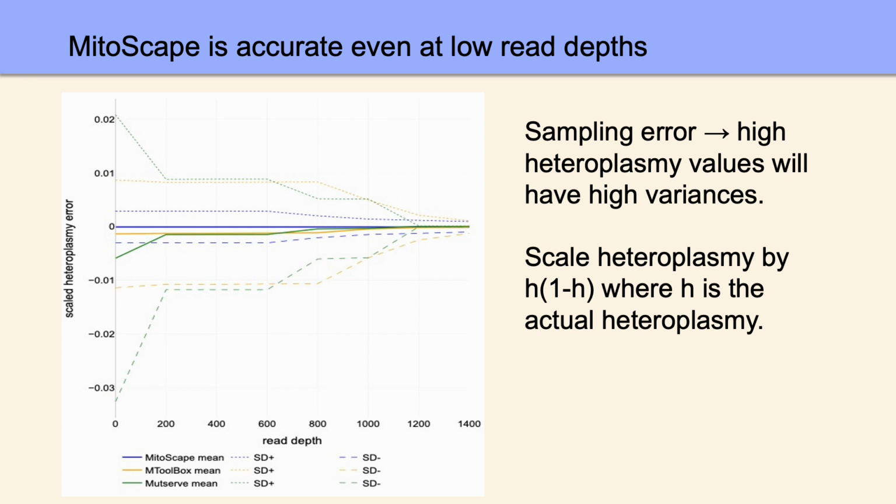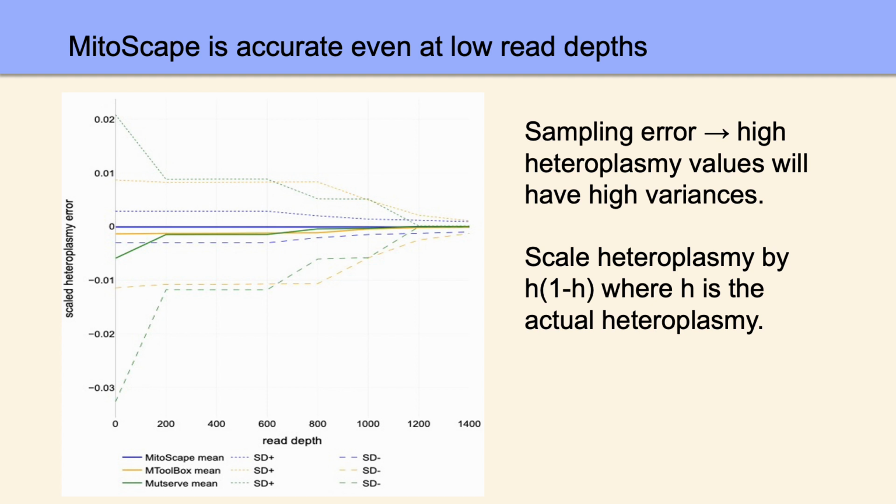There is some variability in the amount of error, because you see the difference between the dashed lines is not 0, but it's much smaller than it is for mToolbox and mtServe. In the case of mToolbox, that variance in error only started really decreasing once we got past 800 or even 1,000 in read depth.